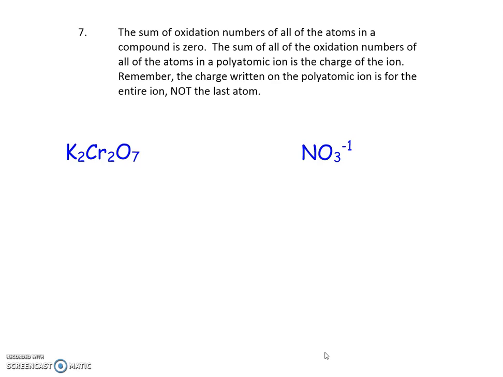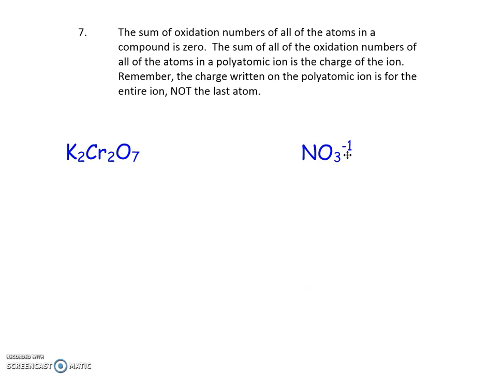All right. The last rule is how you're going to figure out all of the other elements. And it is the sum of oxidation numbers of all of the atoms in a compound is 0, because compounds overall are neutral. The sum of all of the oxidation numbers of all of the atoms in a polyatomic ion is the charge of the ion.